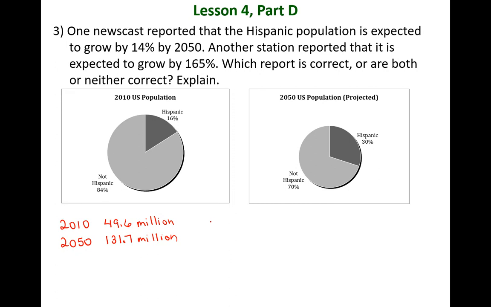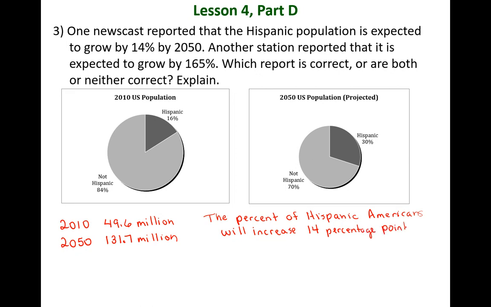The correct way to say that would be to say the percent of Hispanic Americans will increase 14 percentage points.